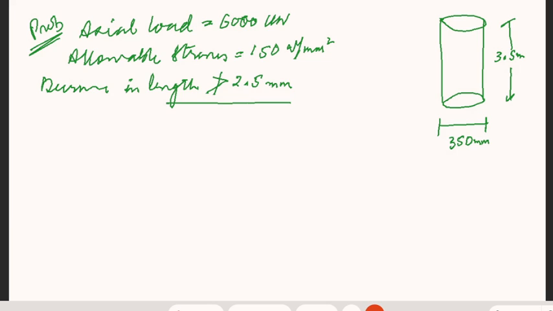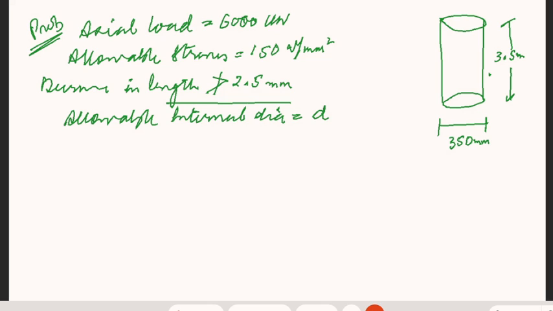Now we have to find out the maximum allowable internal diameter. Let's name that as D. This internal one, because there will be some thickness of this cylindrical column.